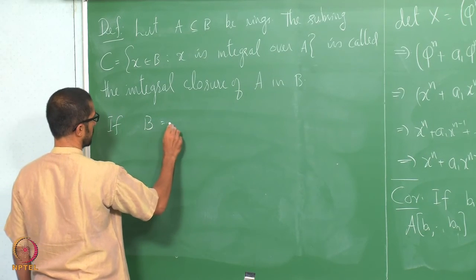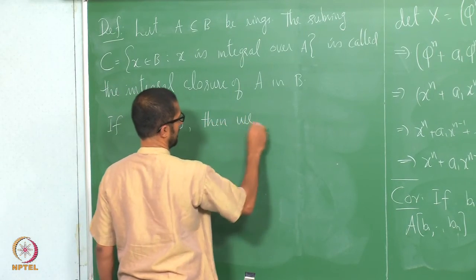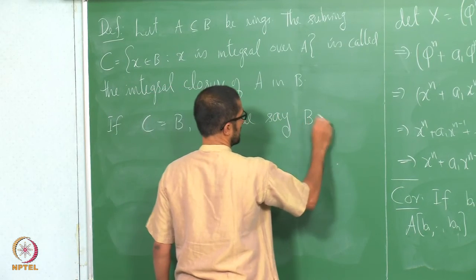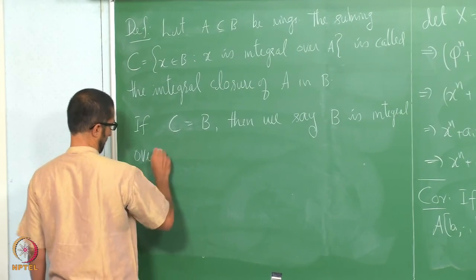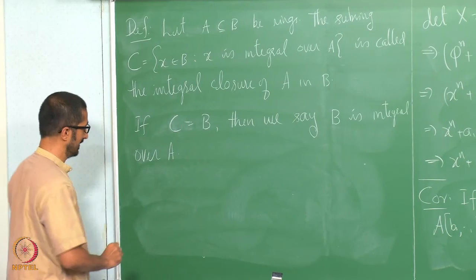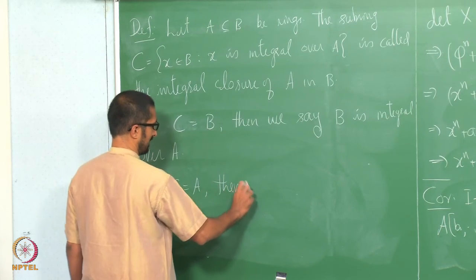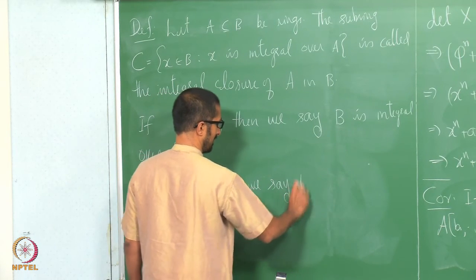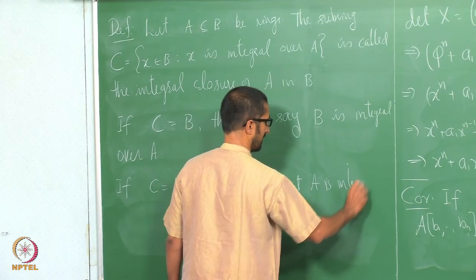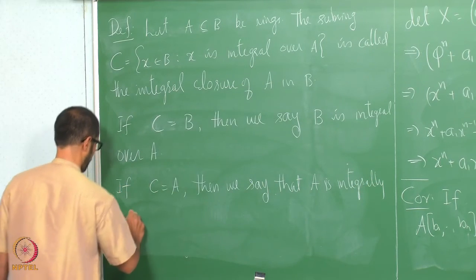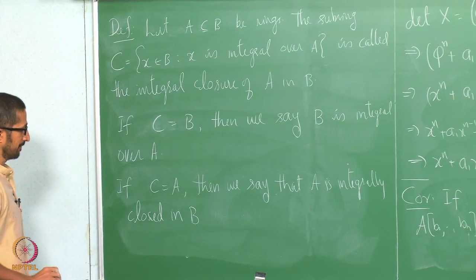If C is equal to B, then we say B is integral over A. If C is equal to A, then we say that A is integrally closed in B.